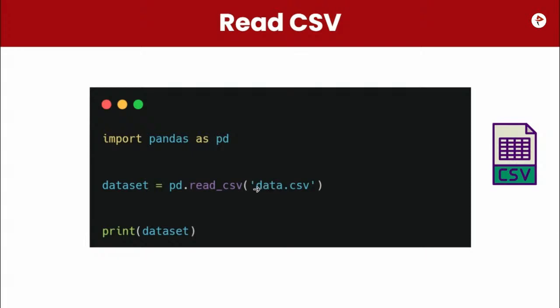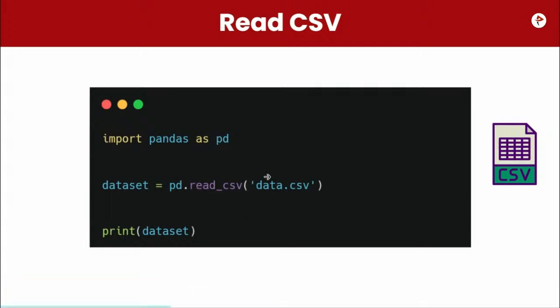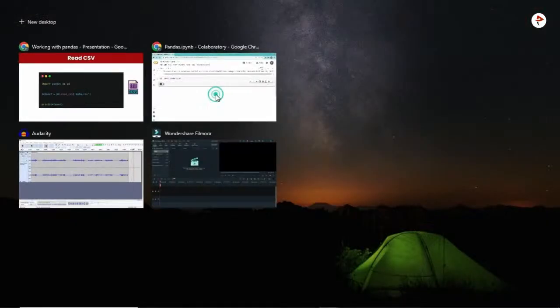So if you have downloaded this data.csv file, you have to pass the exact path where you have downloaded it, and then the name with the extension .csv. Inside quotation marks you have to give it like this. So pandas will help us to load the dataset into this variable dataset. When we need, we can visualize it and use it in further steps by calling this variable name. We load our dataset now.